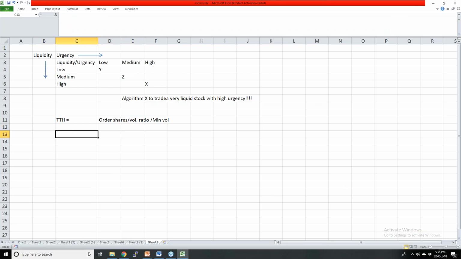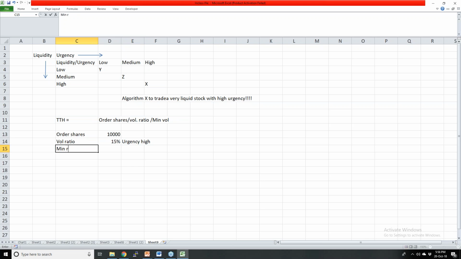Say you have to execute 10,000 shares and your urgency is high, so your volume ratio is 15%.